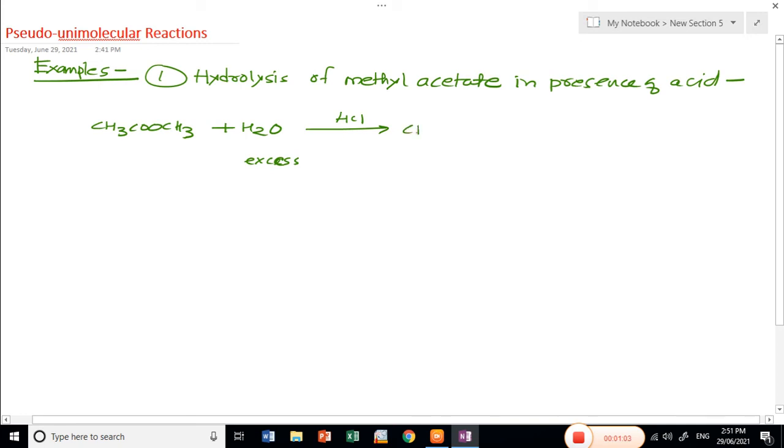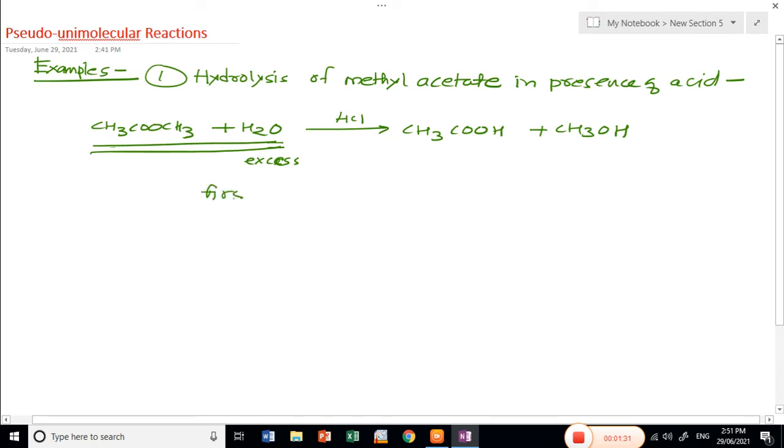So it will give you CH3COOH acetic acid plus methanol CH3OH. Okay, so this reaction obeys the first order rate equation. ही जी reaction आहे ही bimolecular आहे.